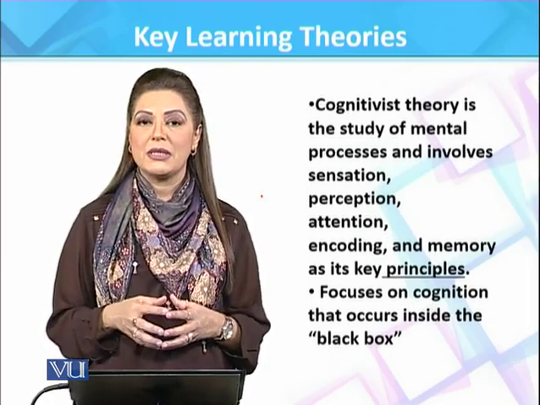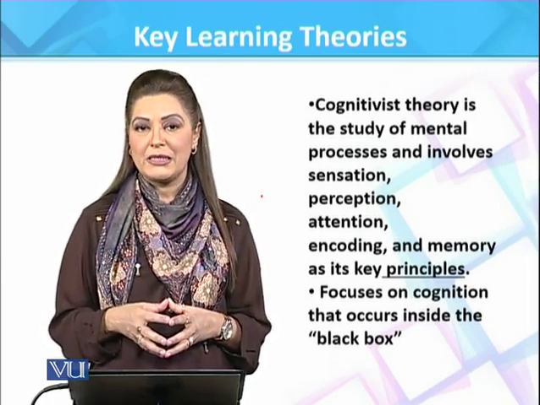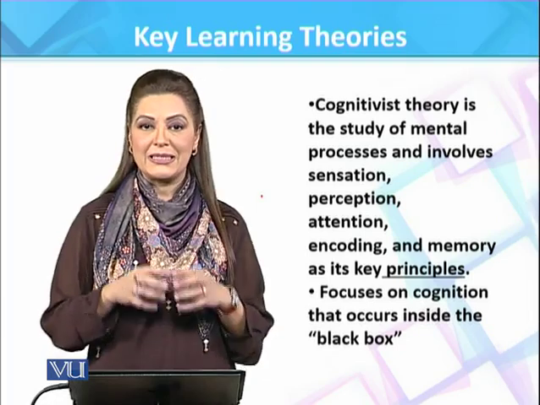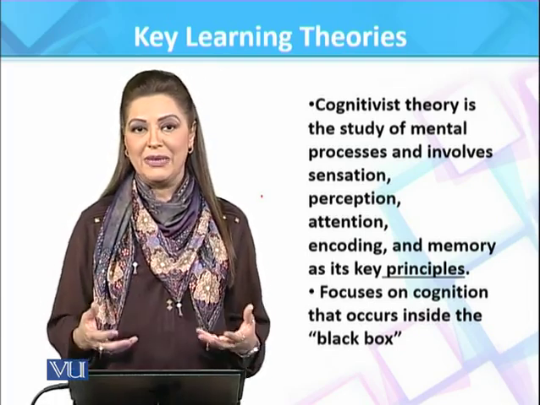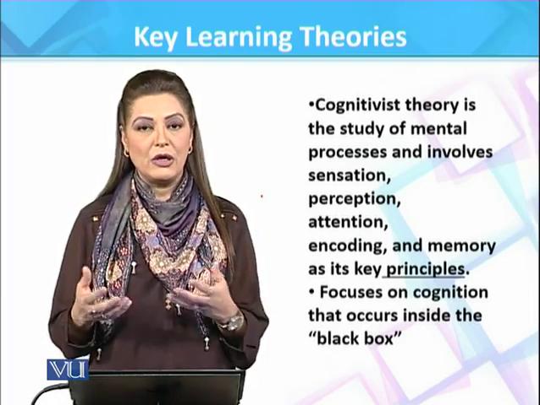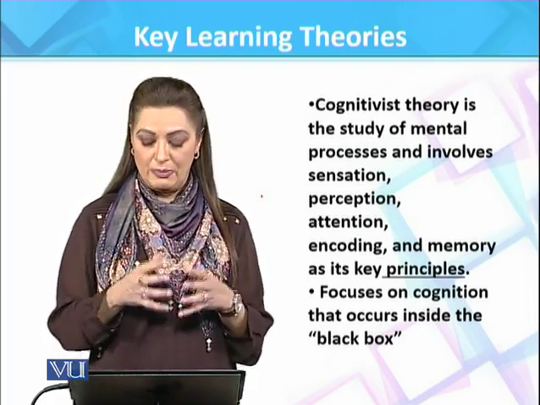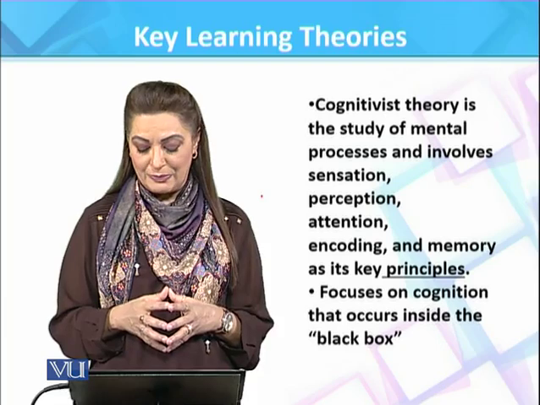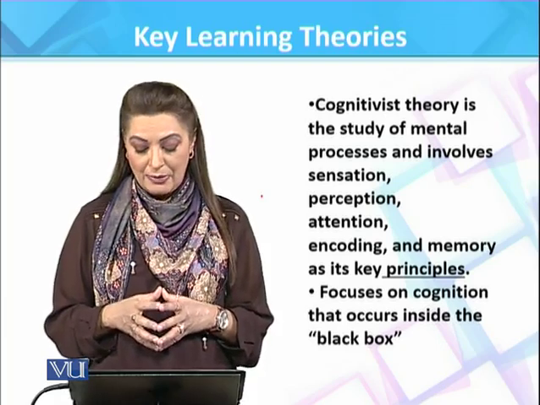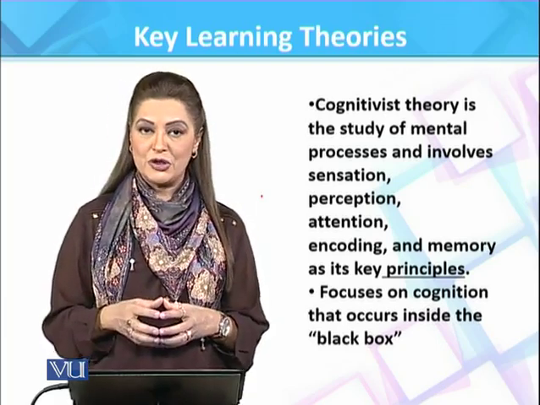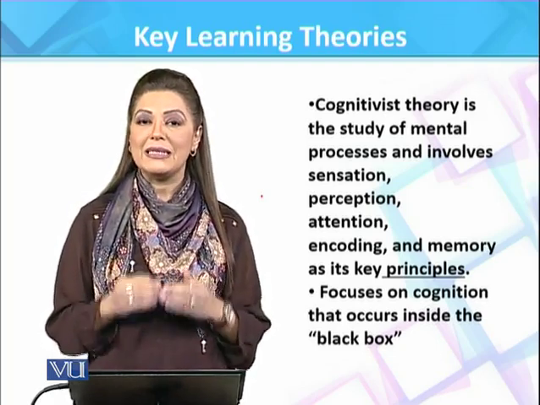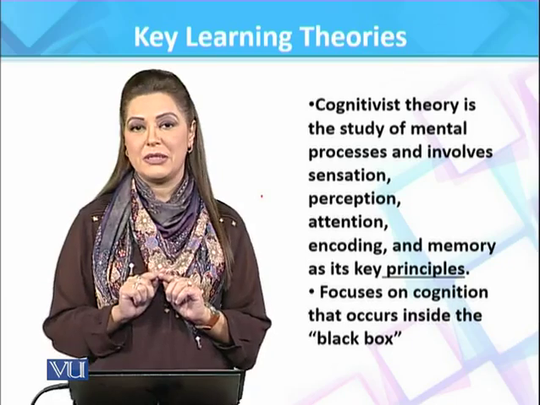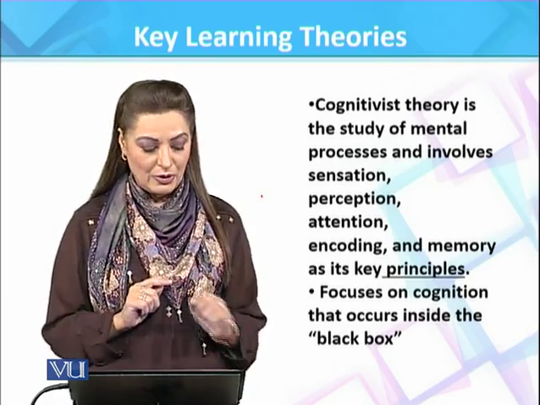Black box was a term given by behaviorists referring to the mind, as a person is born with a blank slate, and all the experiences actually form or are printed on that blank slate. But cognition refers to the black box, and emphasis is on understanding what actually happens inside that black box.